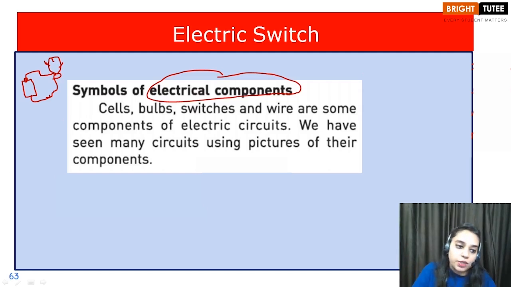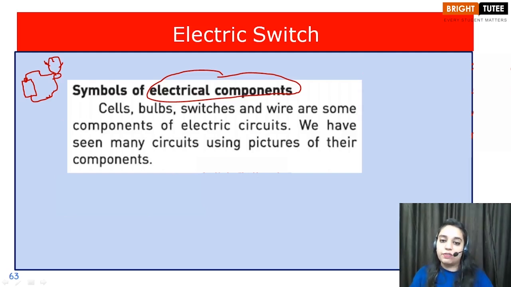Like in chemistry, you have studied that different elements have abbreviations or symbols. For example, magnesium is written as Mg, calcium is written as Ca. So we use these symbols in order to simplify our studies, right, children?